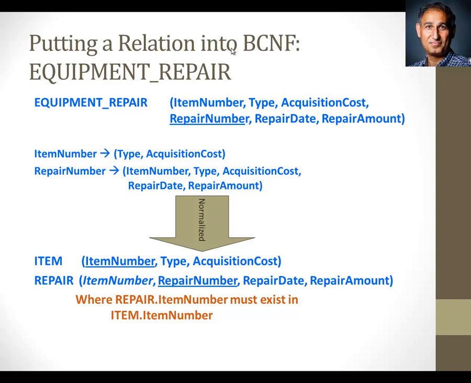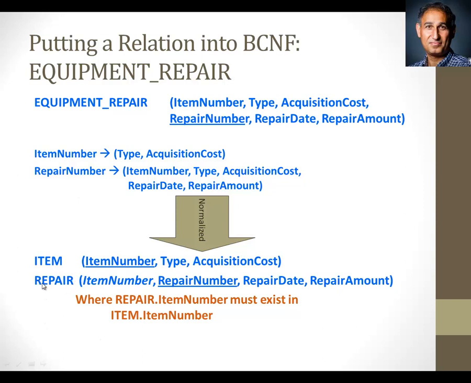In this case, item number can determine type and acquisition cost. Repair number can determine item number, type, acquisition cost, repair date, and repair amount. Based on these functional dependencies, I can move the columns associated with the repair number into a separate relation.